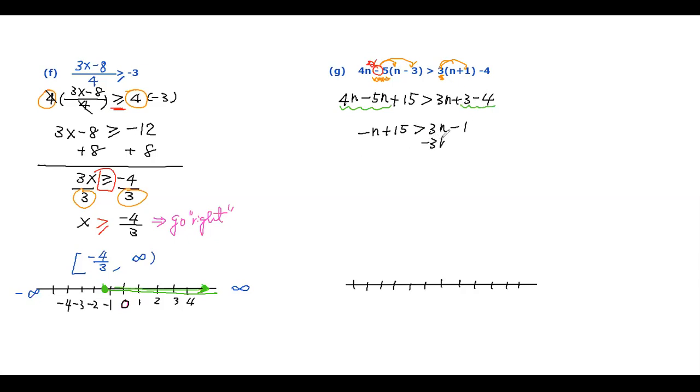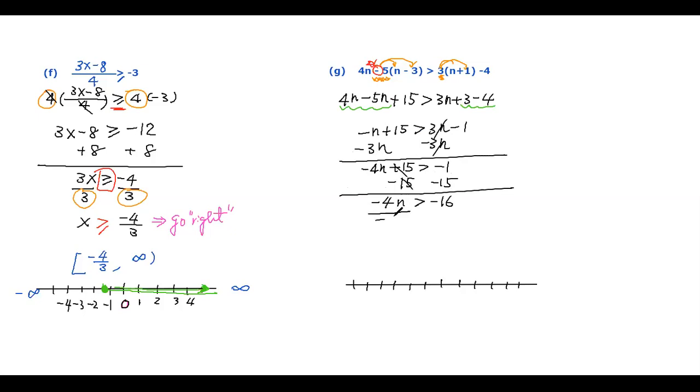I minus 3n, minus 3n. Negative n minus 3n is how many n? Negative 4n plus 15 greater than. These two cancel, it's negative 1. Then minus 15, minus 15. So I have a negative 4n, and these two cancel, greater than negative 16.